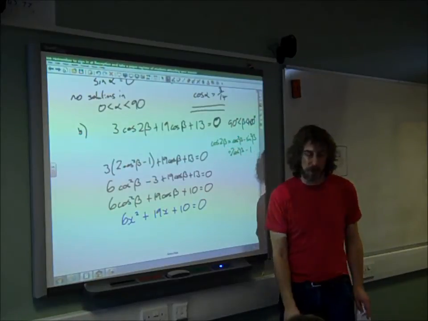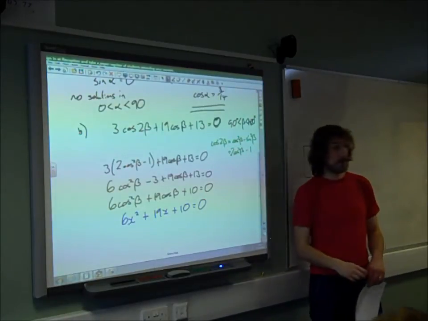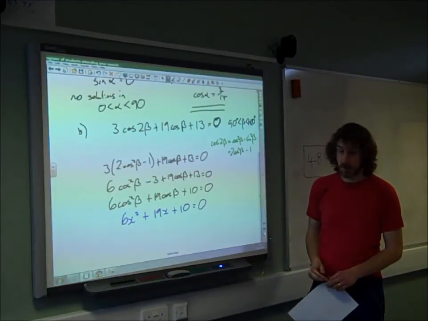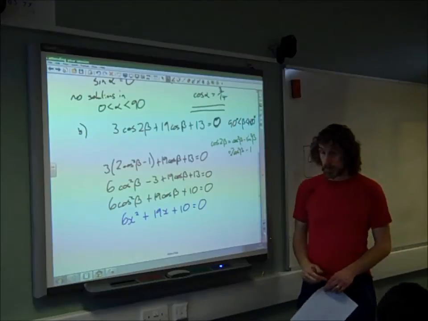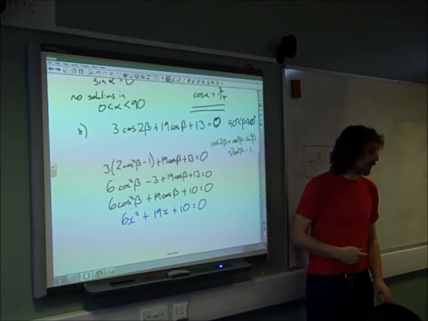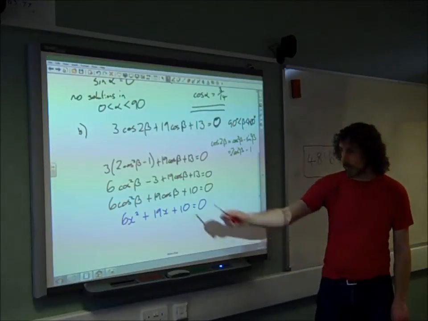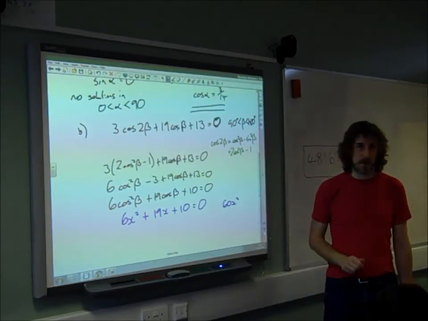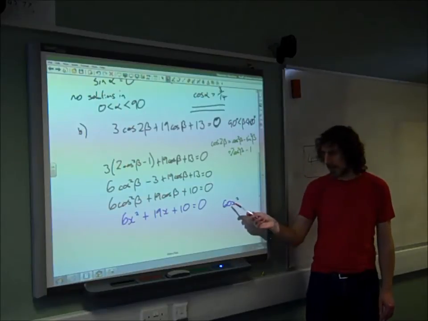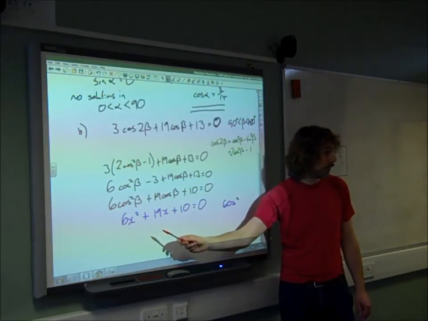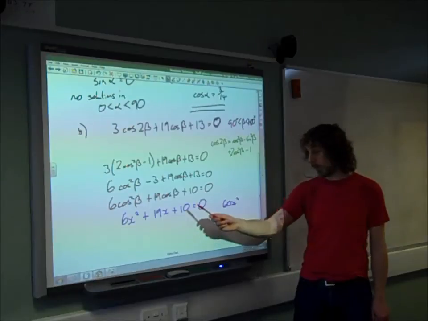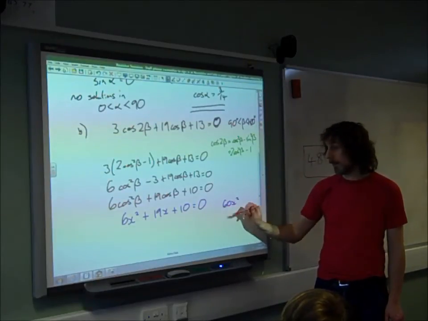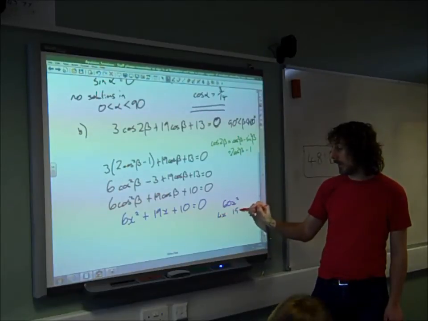If you have a Casio FX991EX Plus, then you can put it into the equation solver and get it to tell you what it factorises as. Or you can try and factorise that however you remembered it from last year. I like this thing where you multiply the first and last things together to get 60x squared. You then say what multiplies to give 60 and adds to give 19. Well, 60 is 1 times 60, 2 times 30, oh, it's 4 times 15, isn't it? That would work. 4x and 15x.